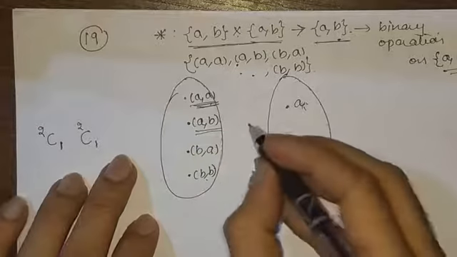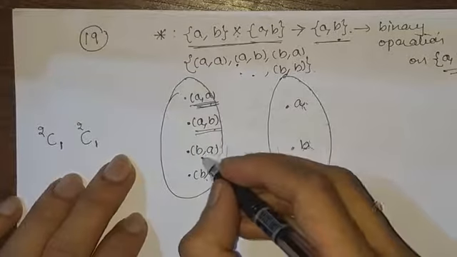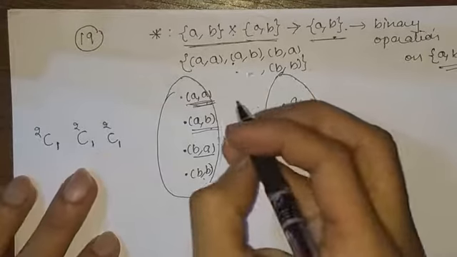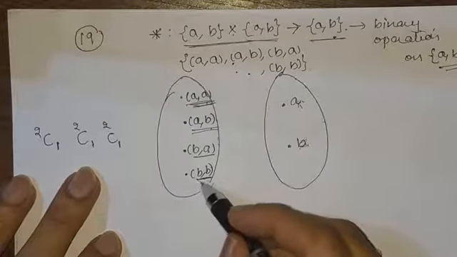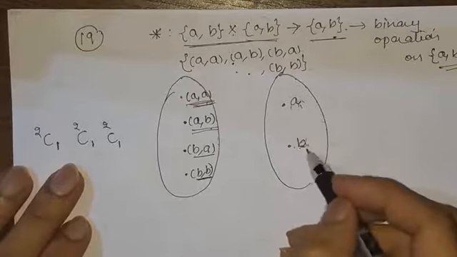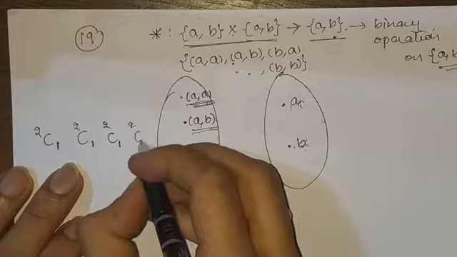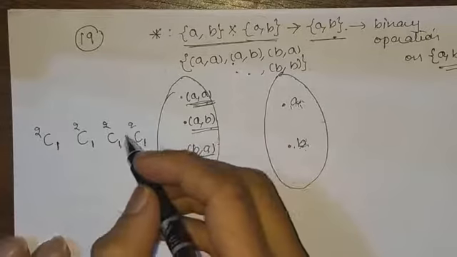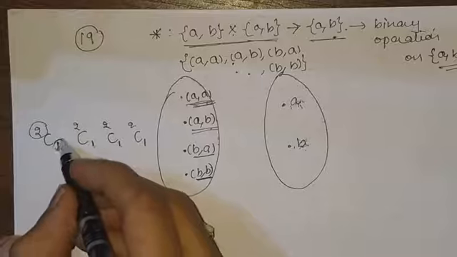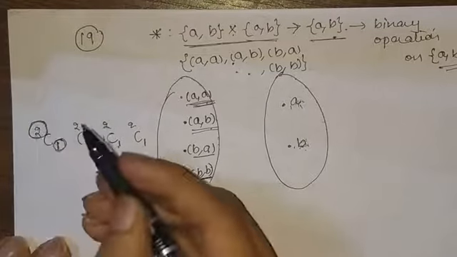Now again, depending on whatever is selected, how many choices does this element have? Again 2. So 2C1. One is selected from the two given choices.